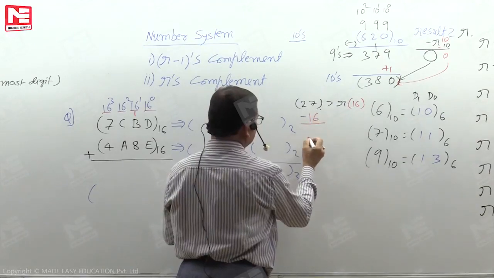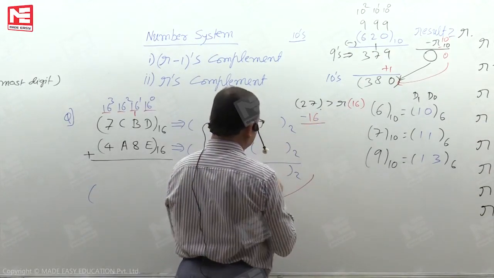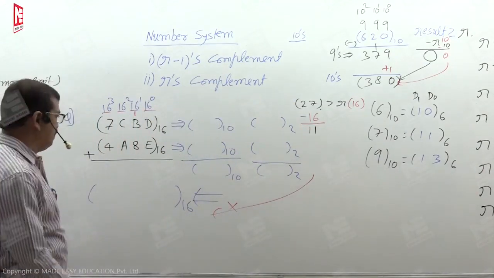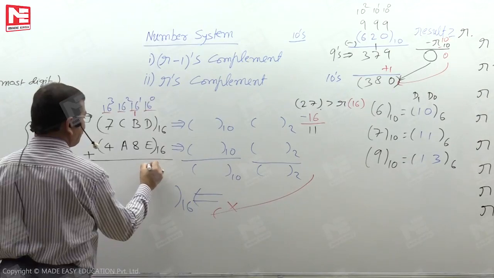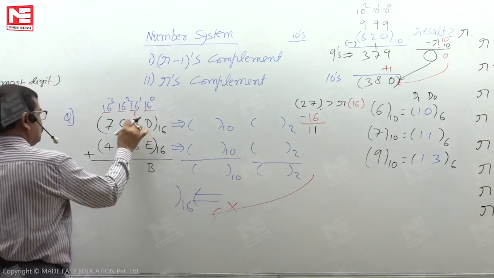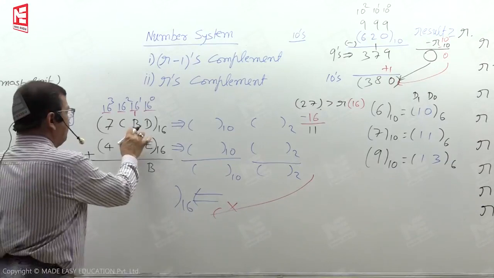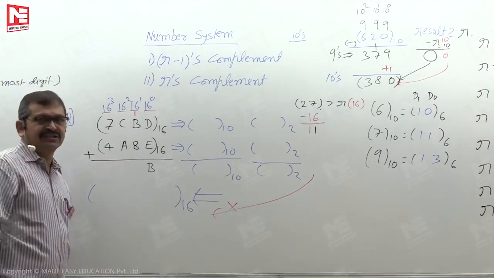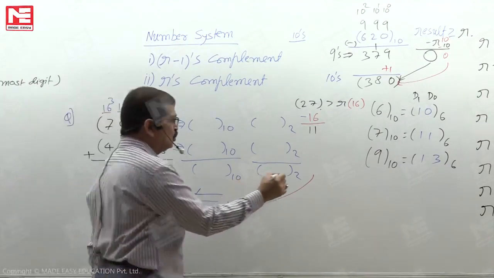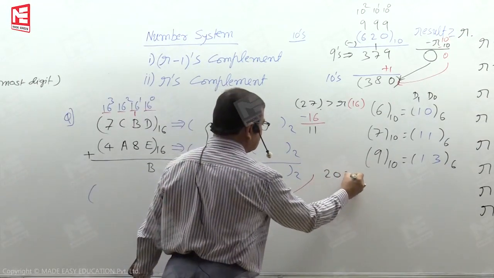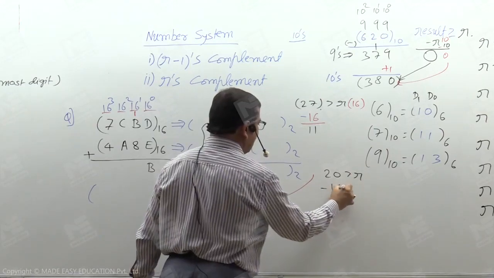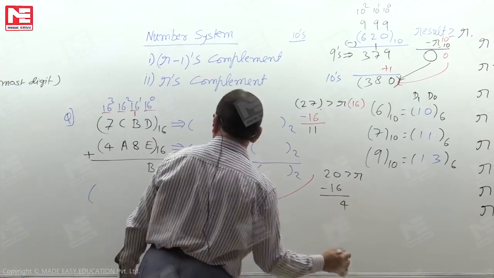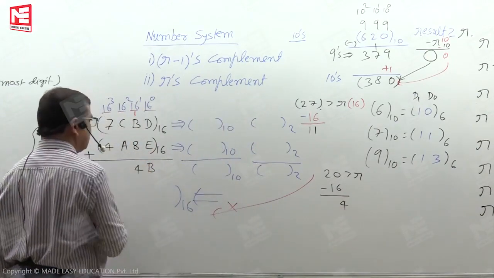Subtracting 16 gives 11, which in the hexadecimal number system we represent as B. Coming to the 16 to the power of 1's place, B plus 1 is C. C is 12. 12 plus 8 is 20. Again, 20 is greater than the radix, so we subtract the radix from this, which gives 4. We place 4 at the corresponding significant place.